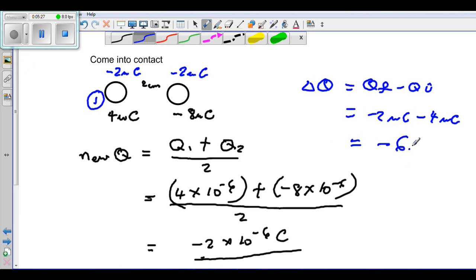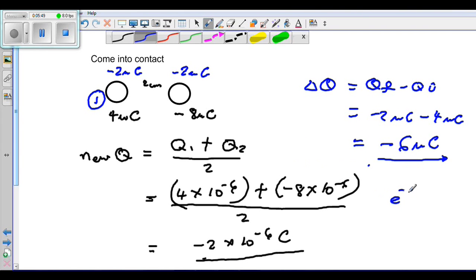minus 6 microcoulombs. The number of electrons will be equal to the change in charge divided by the charge of an electron. So we have minus 6 times 10 to the minus 6 coulombs divided by the charge of an electron, which is a constant, 1,6 times 10 to the minus 19.